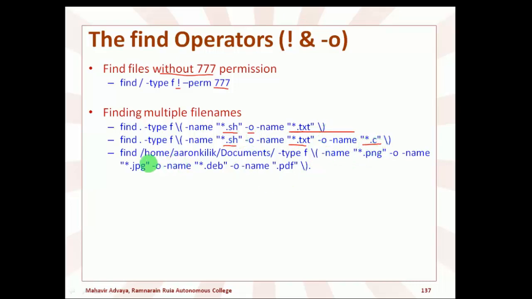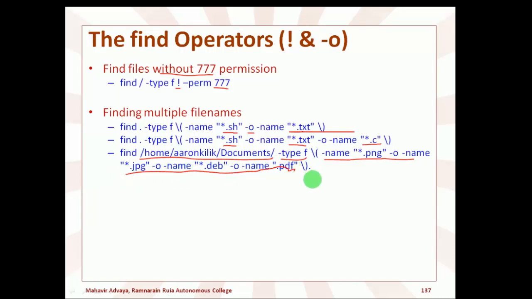You can search for files in a specific directory by giving the entire path. Again, type f is basically for searching files. You can give the parameter -name, then -o -name png, and so on. There is no limit to the number of parameters, so you can go on extending them. Whatever type of file you want to search for, all these could be searched.